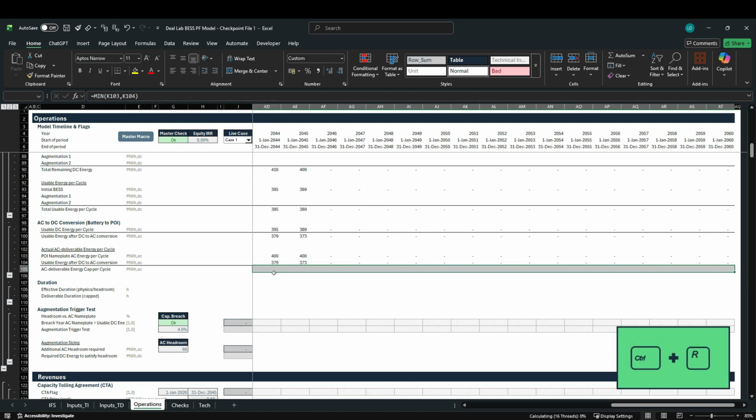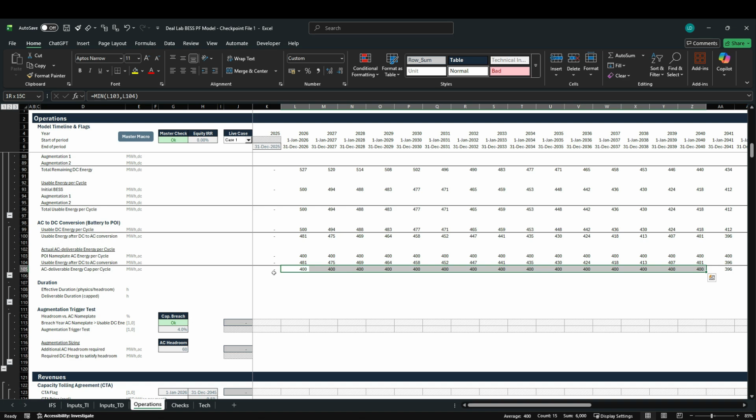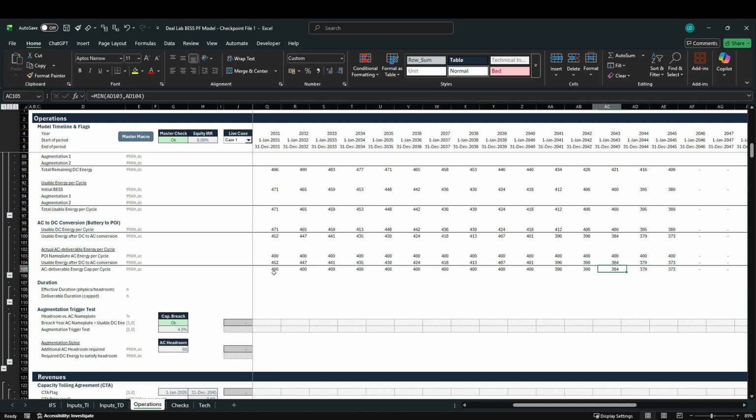Drag this over, Control R. And we will see that from year 2026 until year 2040, we will fulfill our contractual obligation of delivering 400 megawatt hours on an AC basis. However, in year 2041 onwards, we would breach that obligation. And to avoid any breach in obligations, this is where the augmentation will come into play in our next lesson.